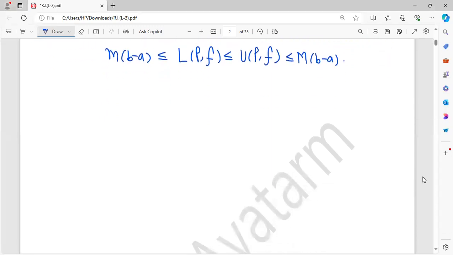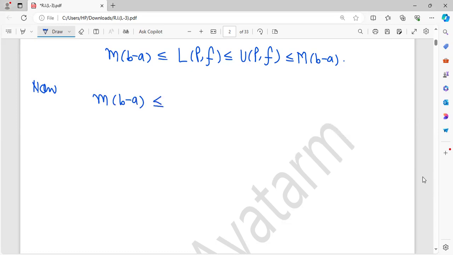Now, since m times (b minus a) is a fixed quantity, from here what is clear?